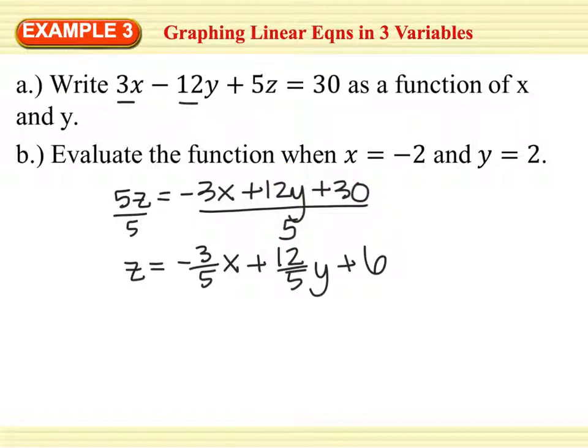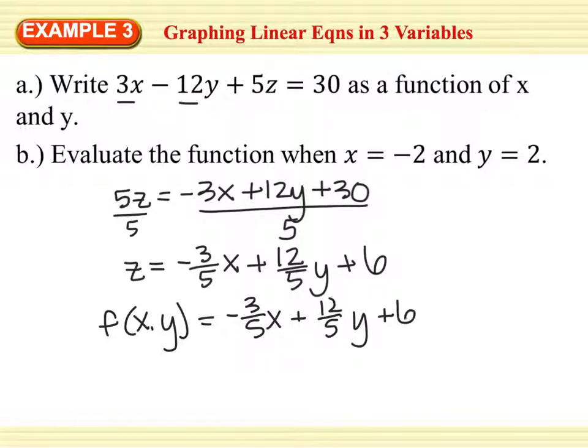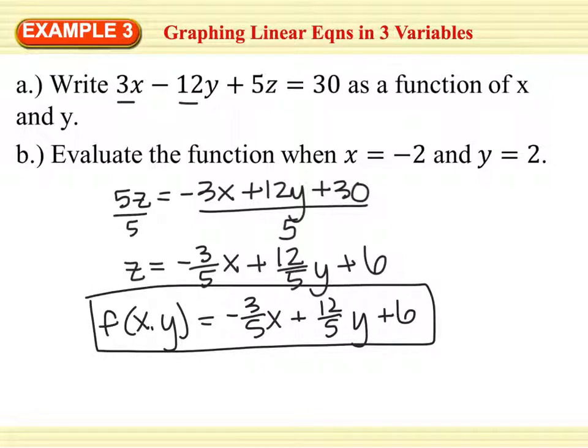And our last step was to replace this z here with an f of xy. And then we're going to rewrite that as a negative 3/5 x plus 12/5 y plus 6. So this is my linear equation in 3 variables rewritten as a function of x and y.